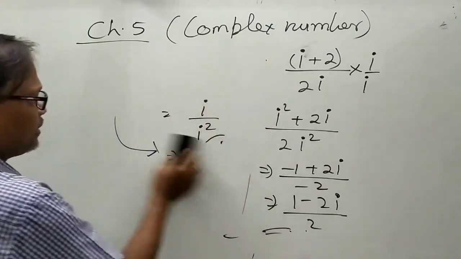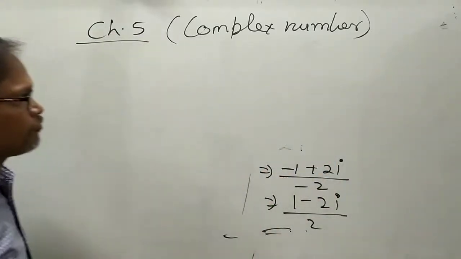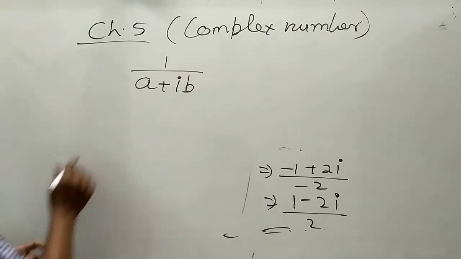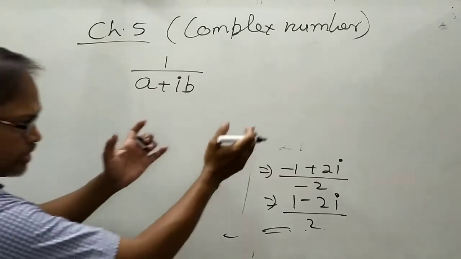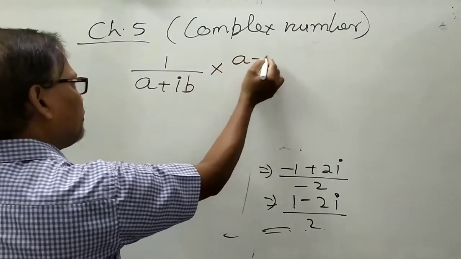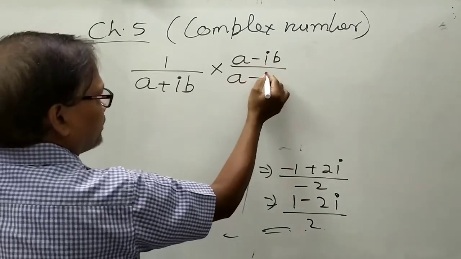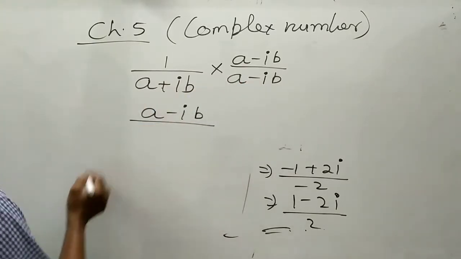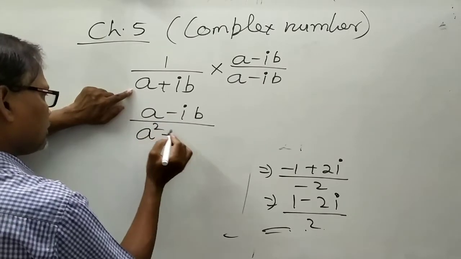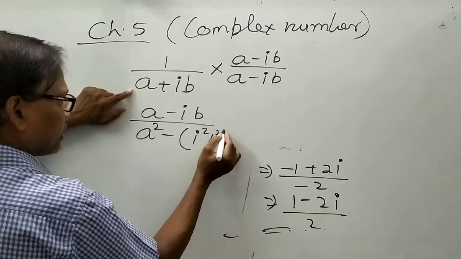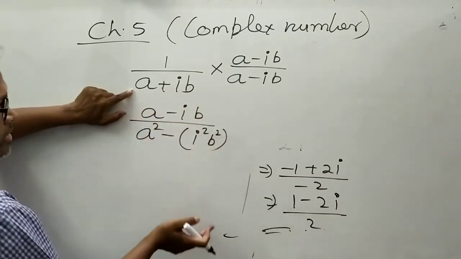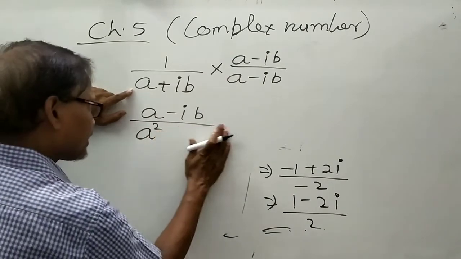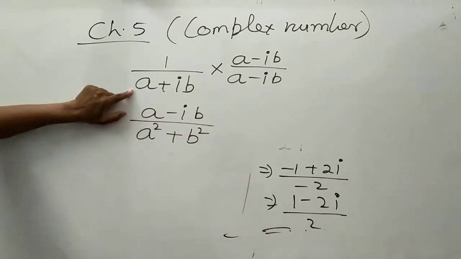तो इस तरह से ये कर सकते हैं, i के बारे में है. और अगर हमारे पास if you have the number 1 upon a plus ib form, a plus ib मतलब नीचे real और इमेजिनरी दोनों का कॉम्प्लेक्स नंबर है, then you will multiply by its conjugate. Conjugate मतलब जो साइन होगा उसका just opposite, तो ऊपर a minus ib है and in the denominator a square minus i square b square, क्योंकि फार्मूला होता है a plus b इंटू a minus b, तो i का भी तो स्क्वायर हो, तो i स्क्वायर की वैल्यू -1, तो माइनस माइनस प्लस, तो at last you can write here a square plus b square like this.